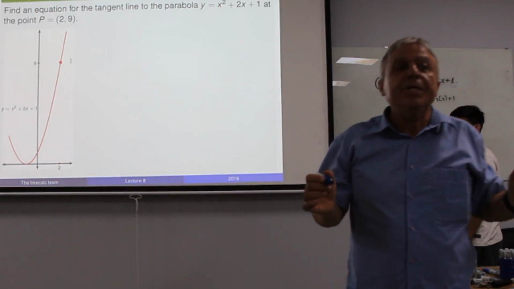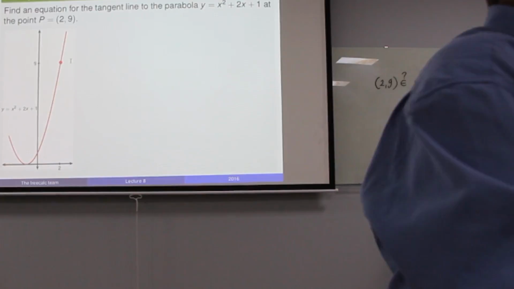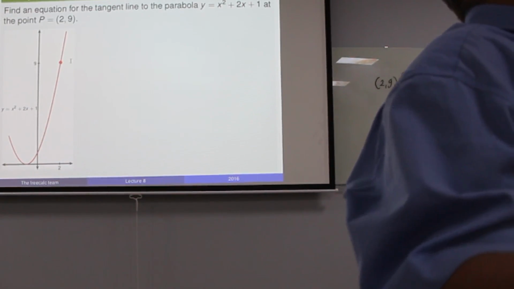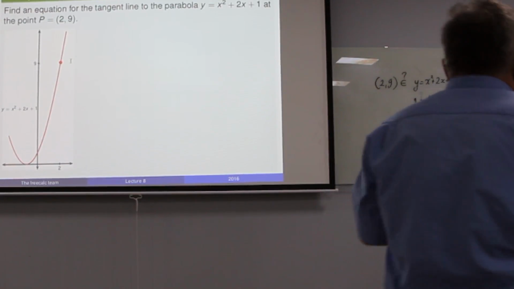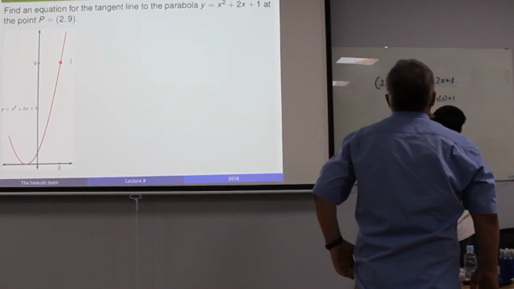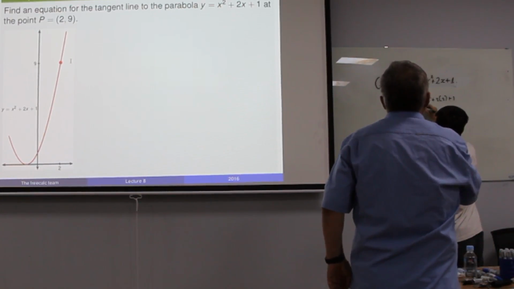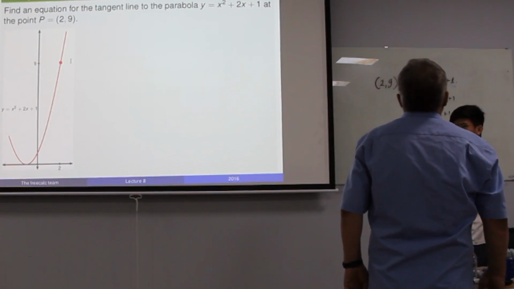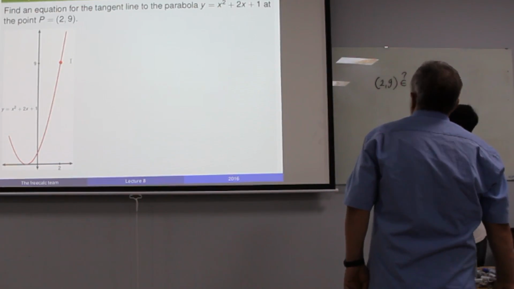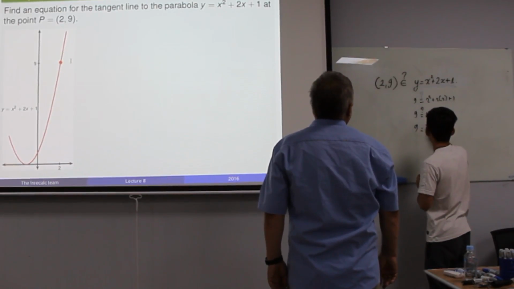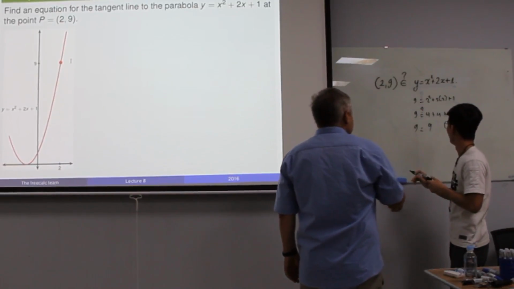The question mark means that you are checking if the left-hand side equals the right-hand side. Otherwise, if you just put equal sign, what does this mean? What do you get? Put the question mark. Is it equal? 9. Okay, now it's equal. Okay, thank you.